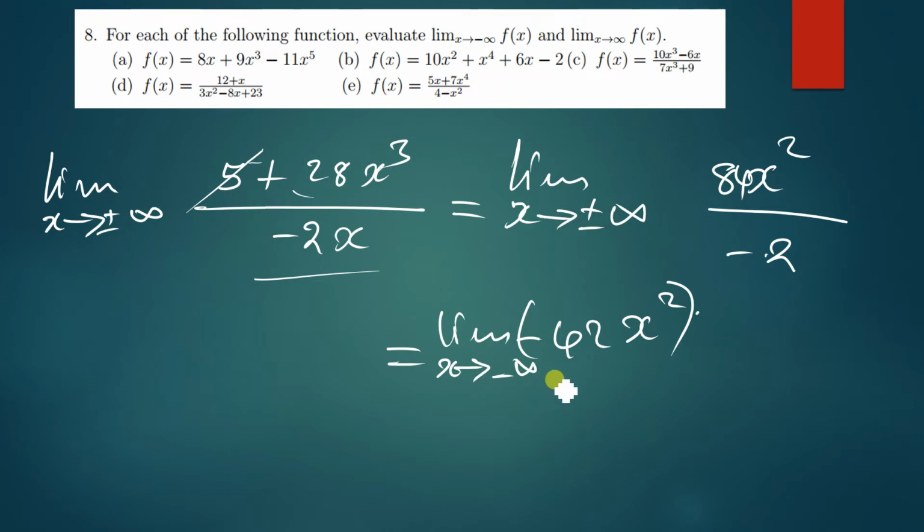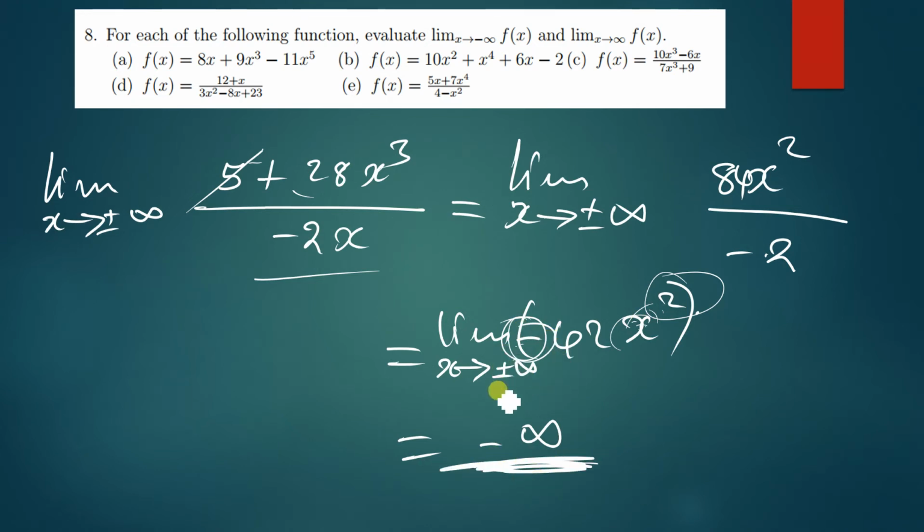The answer will still be the same since the power that we have here is even, whether we put a positive or negative infinity there. The answer will be negative infinity, because of this negative outside: positive times negative gives negative. So whether you say plus or minus infinity, the answer will still be negative infinity.